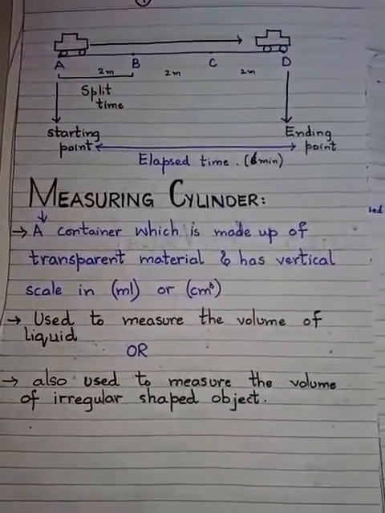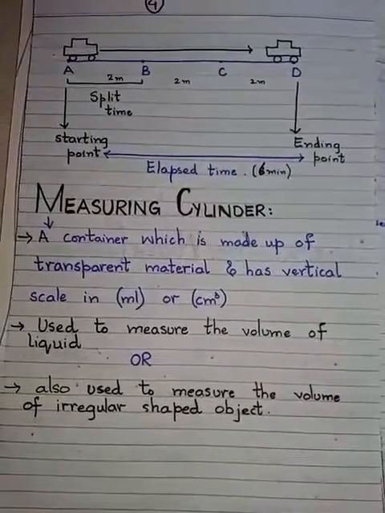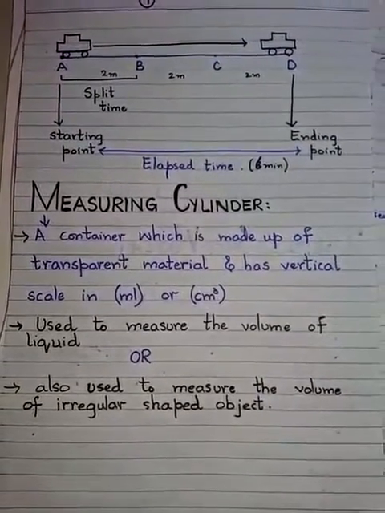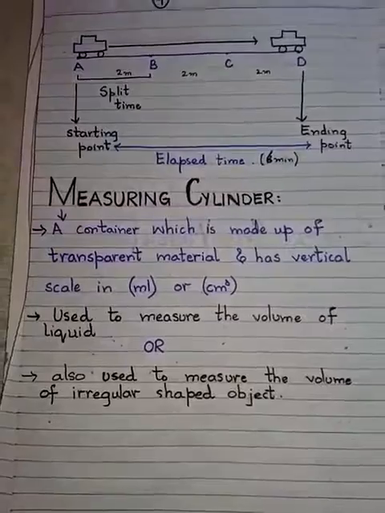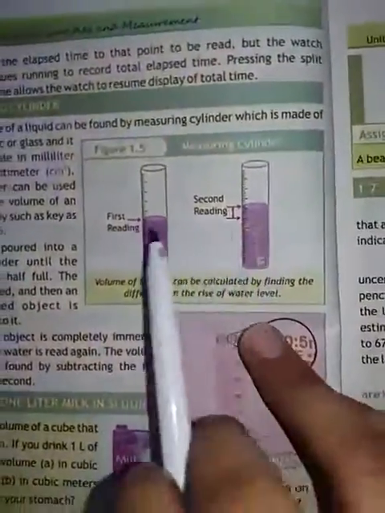Girls, the measuring cylinder is used to find the volume of a liquid as well as the volume of an irregular shape object. A figure is given in your book on page number 22. As you can see, this is the measuring cylinder.